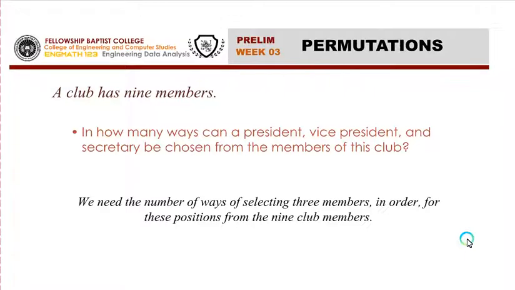Okay, so based on this, ang pamangkot sa aton, we need the number of ways of selecting 3 ka members in order. For the position, halin sa 9 possible options or 9 possible members of a certain club, mapili kita sa aton president, vice president, sa aton nga secretary.